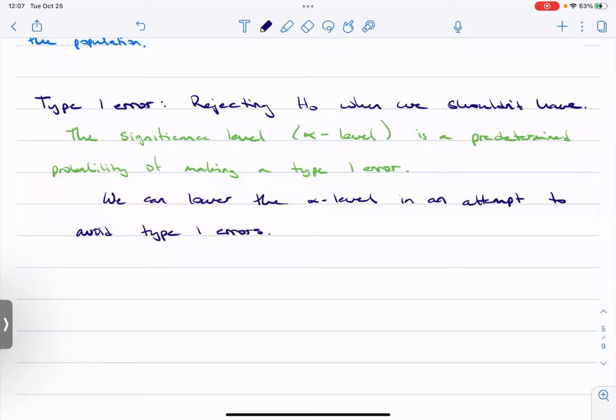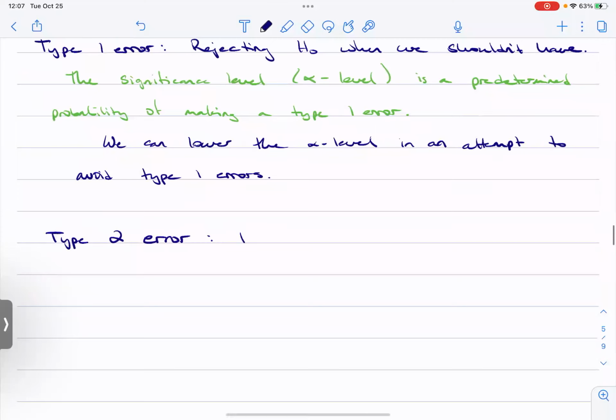Whereas a type 2 error is when you fail to reject H0 when it should be rejected.